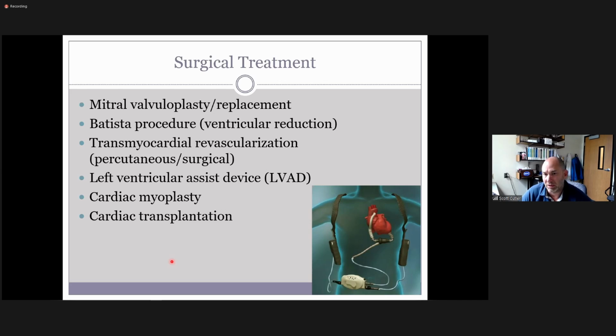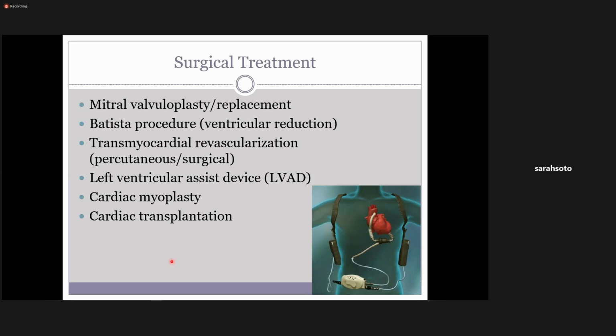So yes, it can be part of that, and that's why it was listed there, because it could be a global thing, and we don't know for sure that that's what it is. As an echo tech, our job to distinguish it is finding those regional segments, seeing if there's scarring, aneurysms, things like that, that would indicate that it could be CAD instead.